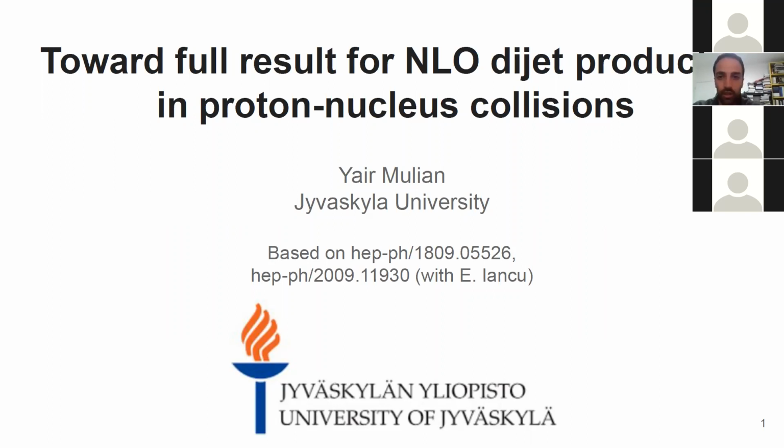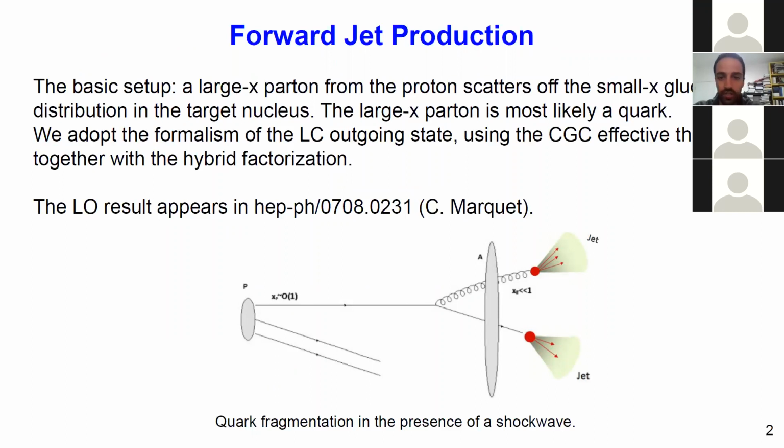So, as Miguel mentioned, we are interested in computing dijet production in proton-nucleus collisions, and we are doing it in the forward regime. You can see, for example, the typical situation that we are dealing with at the bottom of the slide. We have a proton colliding with some nucleus, and we assume that most of the energy of the proton is concentrated in one of the constituent quarks.